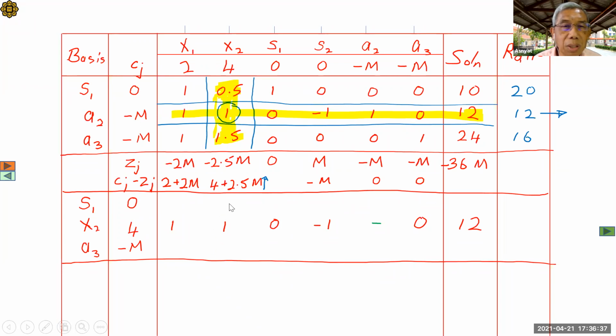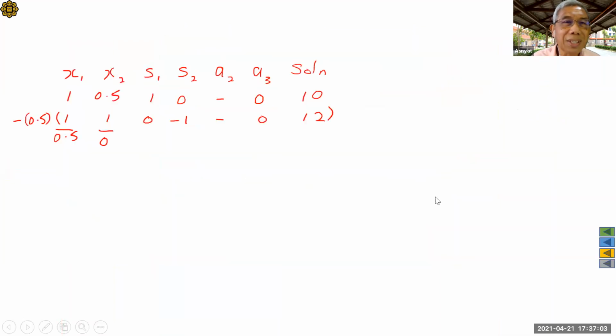When I say unit column, this one will be 0. Somewhere here will be 0. If you calculate, you will get it. So here will be 0. If you want to calculate the new row and you don't get 0, then something is not right. Just now we got 0.